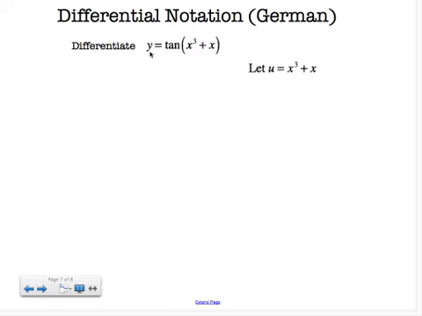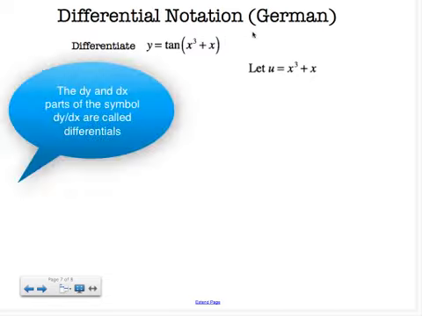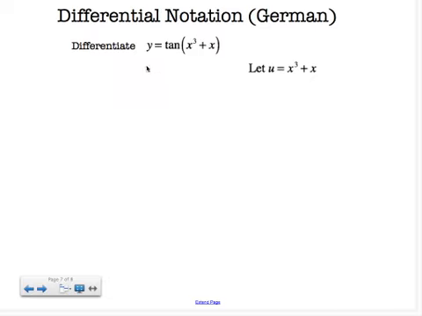Okay, this is a little different notation. This is the differential notation in Leibniz form, and you need to recognize both types of notations, not just the f of g, but also what I'm about to show you here. So if you're asked to differentiate y equals tangent of x cubed plus x, that means in differential notation, find dy over dx. That's the symbol for the derivative of y using differential notation.